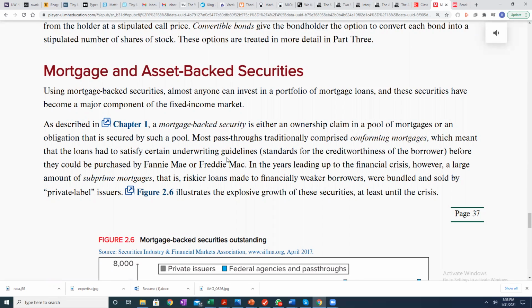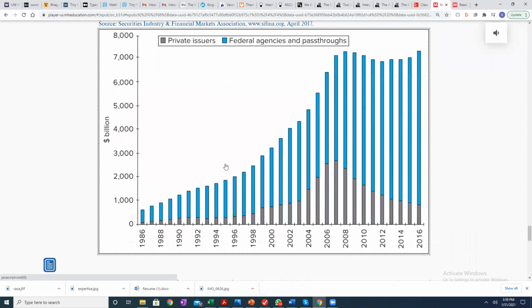Most pass-throughs traditionally comprised conforming mortgages, which meant that the loans had to satisfy certain underwriting guidelines, standards for creditworthiness of the borrower, before they could be purchased by Fannie Mae or Freddie Mac. A large amount of subprime mortgages made to financially weaker borrowers were bundled and sold by private label issuers. And that caused the 2007-2008 collapse.